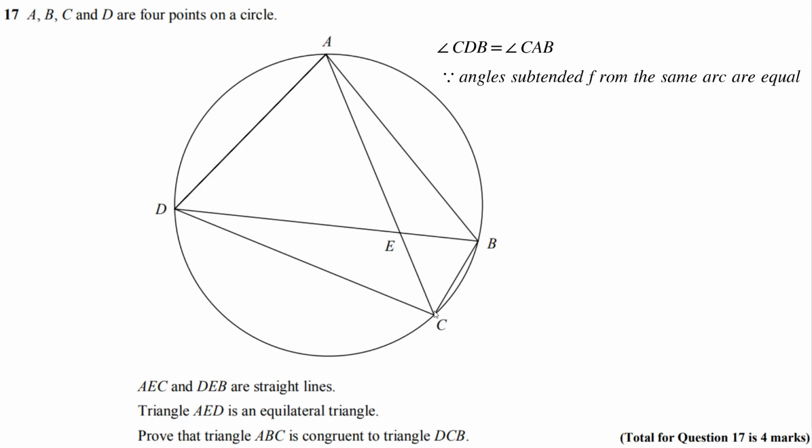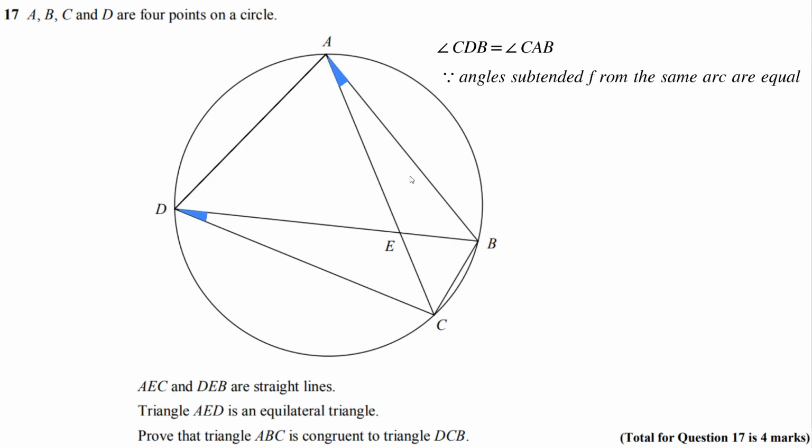Whenever you have an arc here, you've got a chord. If you draw 2 lines coming out the ends of the chord, and then draw another 2 lines coming out the ends of the chord, as long as they're touching somewhere else on the circle, these 2 angles will always be equal. Okay? So these 2 angles are always equal.